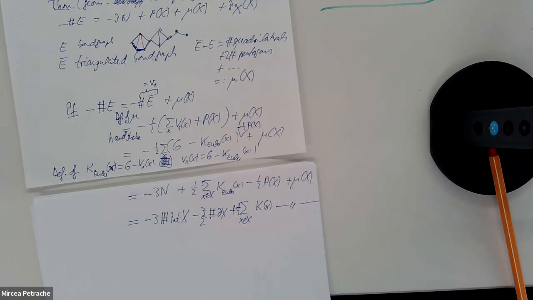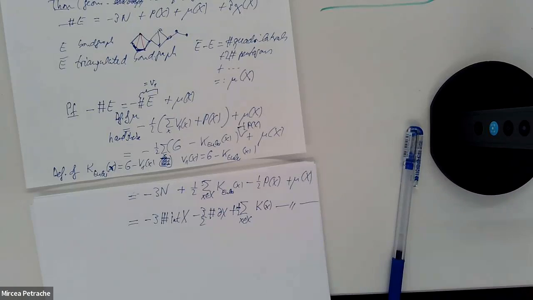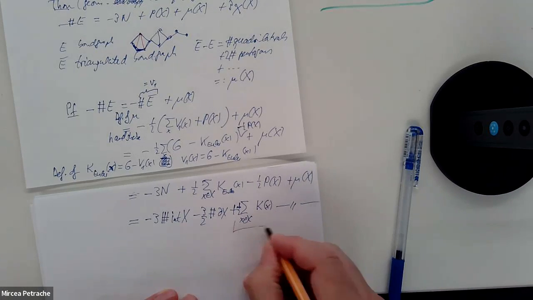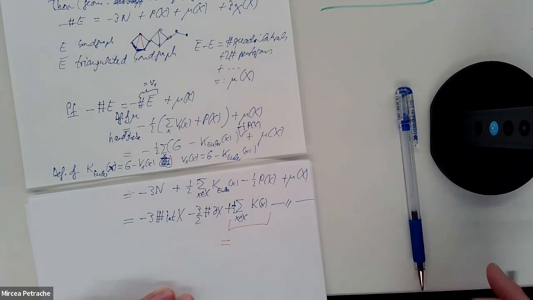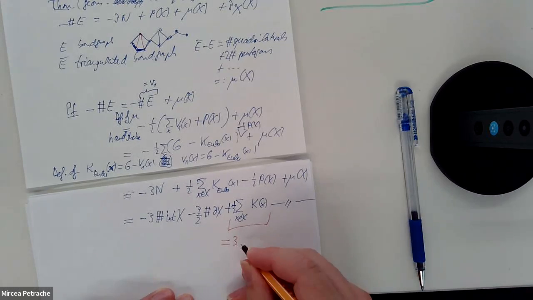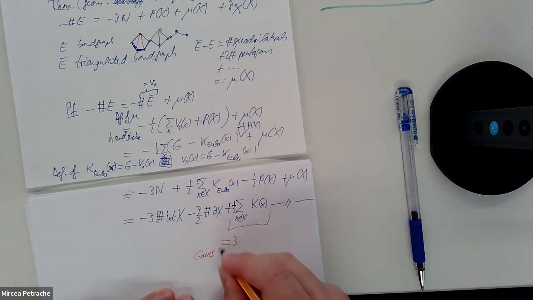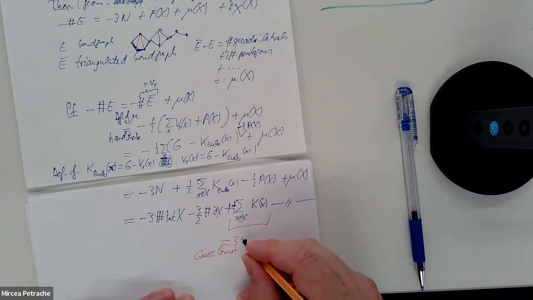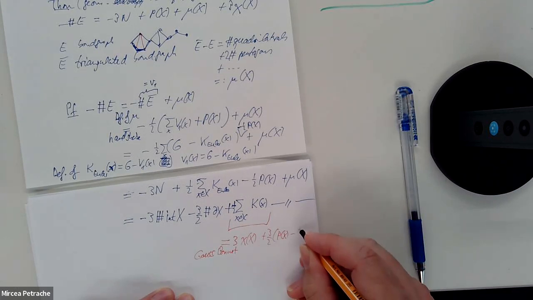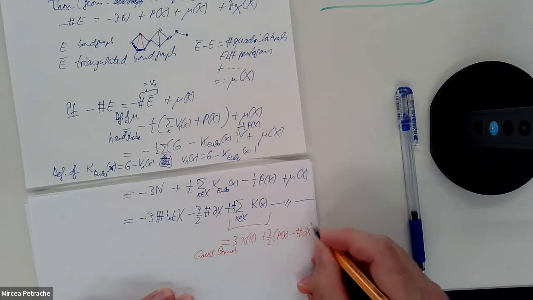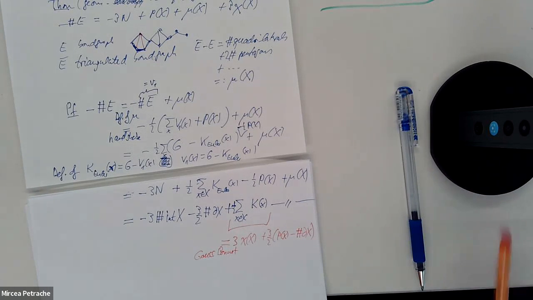And now I can use the Gauss-Bonnet. That's my secret weapon, and I can use it precisely here. By Gauss-Bonnet, this is 3 times the Euler characteristic, plus 3/2 p of x minus the number of boundary particles.